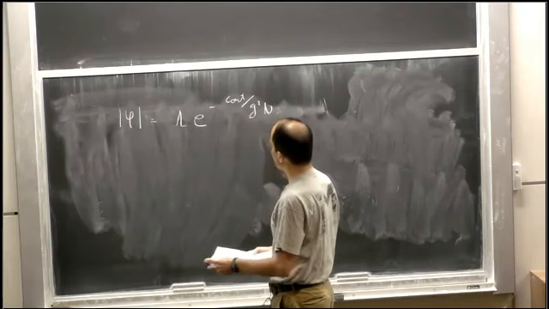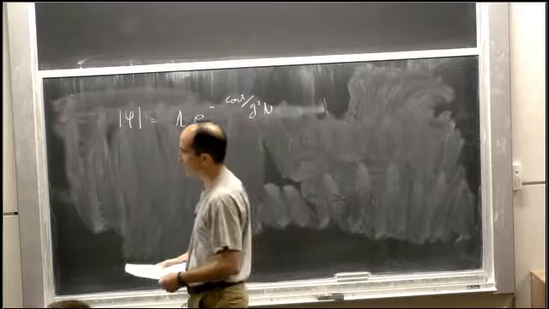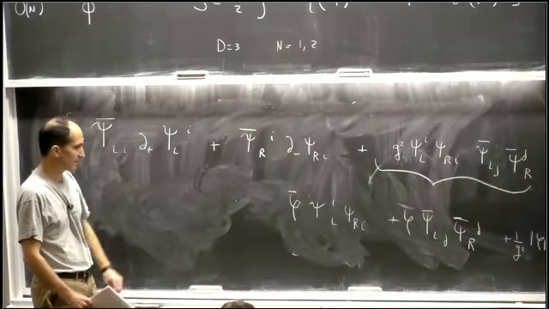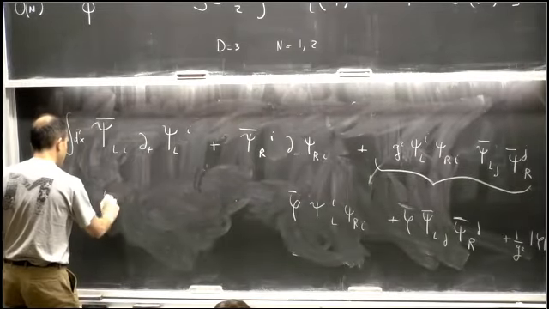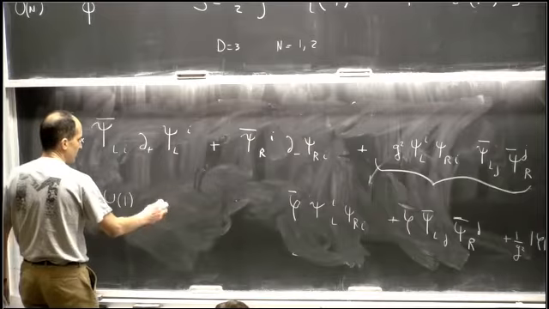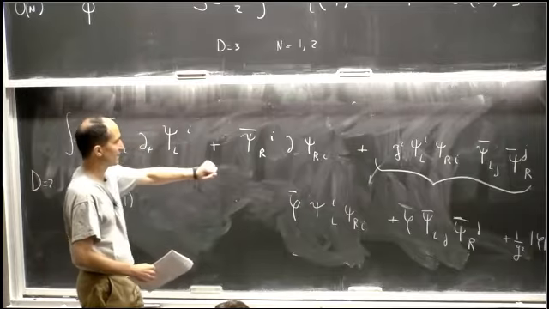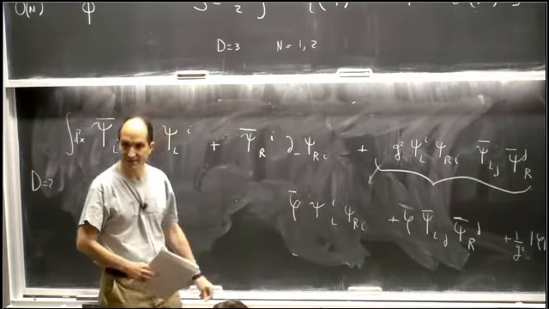Okay, so the interesting point here is that phi was a complex field because these operators were complex. I mean, this theory had a symmetry under an overall phase rotation of these fermions. So there is an overall U(1) global symmetry that rotates psi by e to the i alpha, and psi r by e to the i alpha.